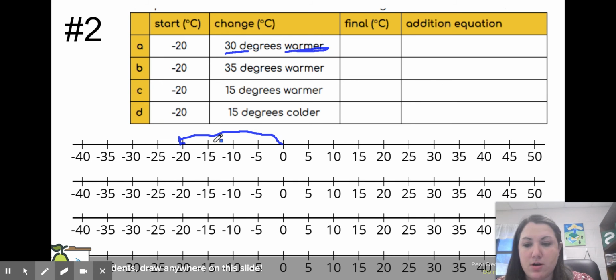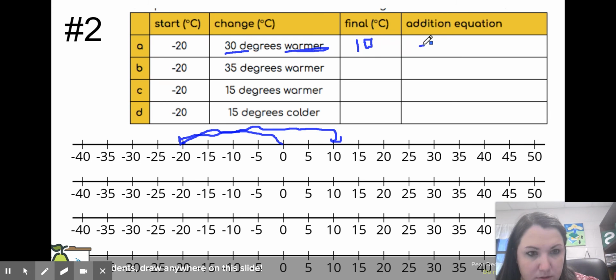Warmer is the key word here. So we know since it's warmer, we're going to move forward 30. So there's 10, 20, 30. And we know we ended up at 10 degrees Celsius. So when we think about our addition equation here, it'd be negative 20 plus a positive 30.